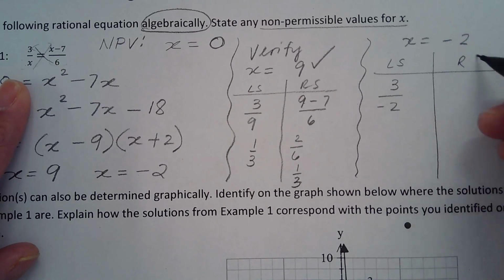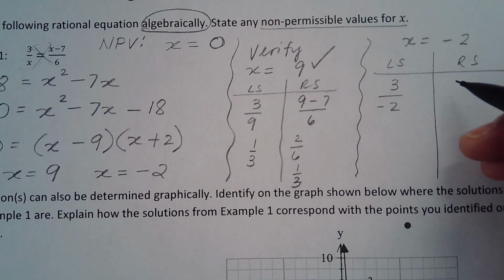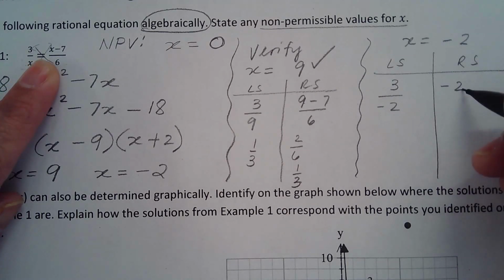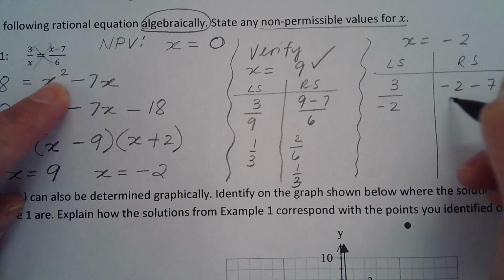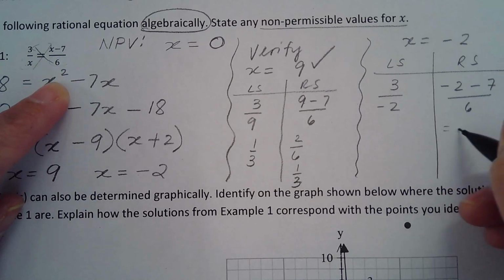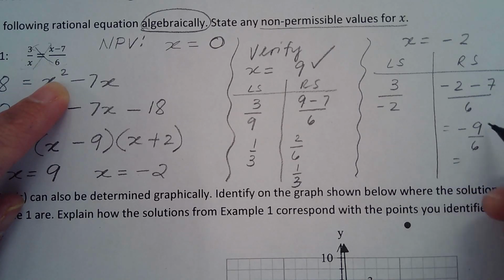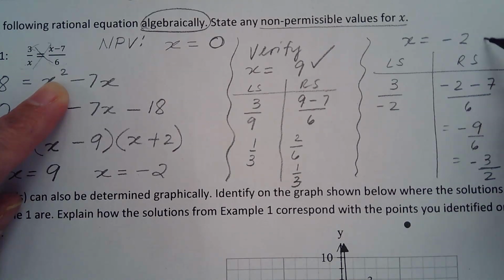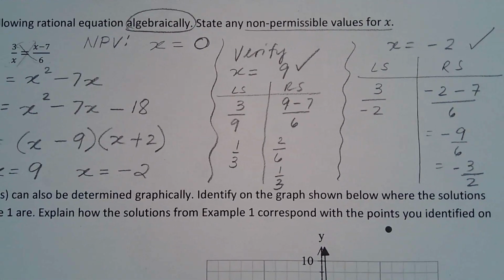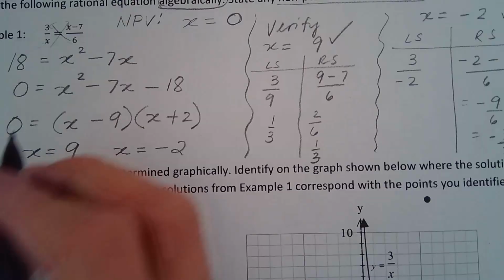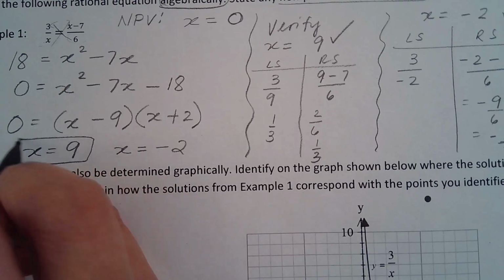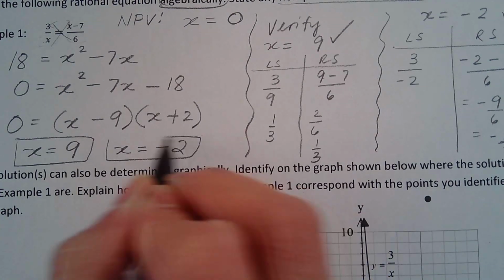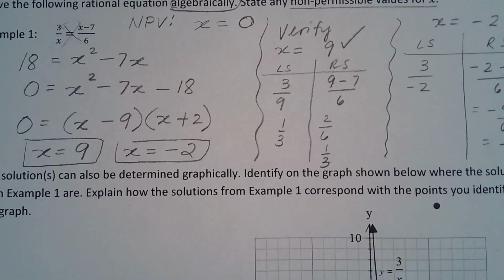And on the right side, it's going to be (negative 2 minus 7) over 6, so negative 9 over 6, which is also negative 3/2. So that one is okay as well. That tells us that both of these are solutions.